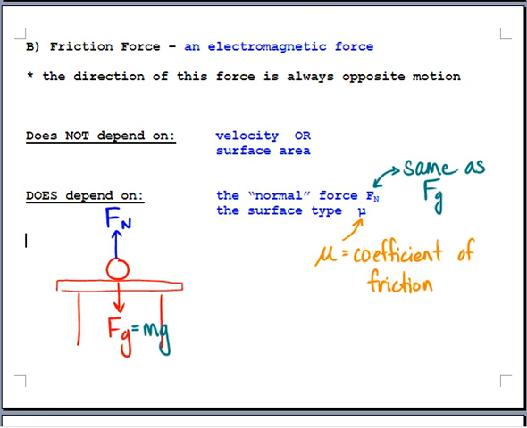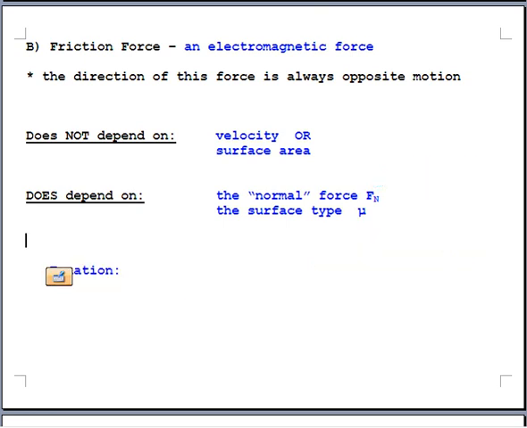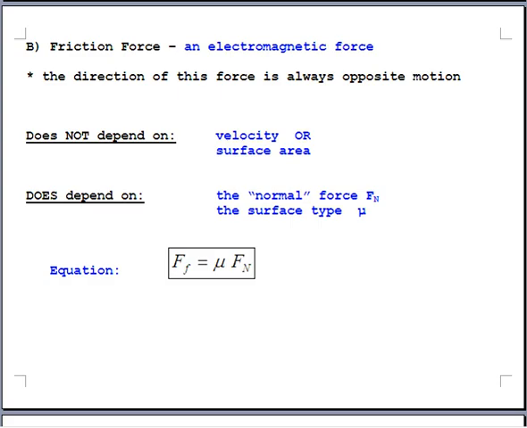And based on the normal force and the coefficient of friction, we end up with that equation right there. The force of friction is equal to the coefficient of friction multiplied by the normal force. That's what the equation looks like on your formula sheet. But remember we said that almost all the time the normal force is equal to the force of gravity. So that's the technical equation, but the sort of working version of the equation, we like to think about it like this. So the working version, you may want to add this to your formula sheet.